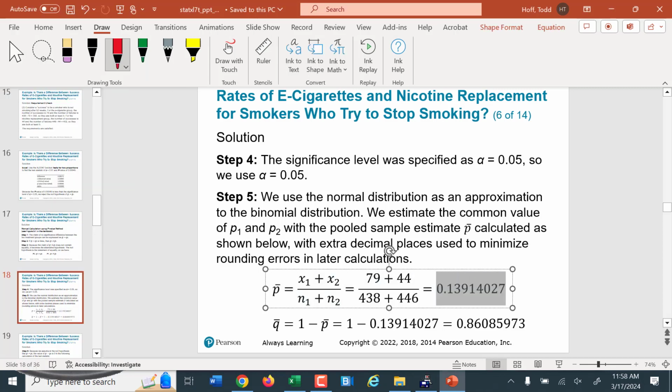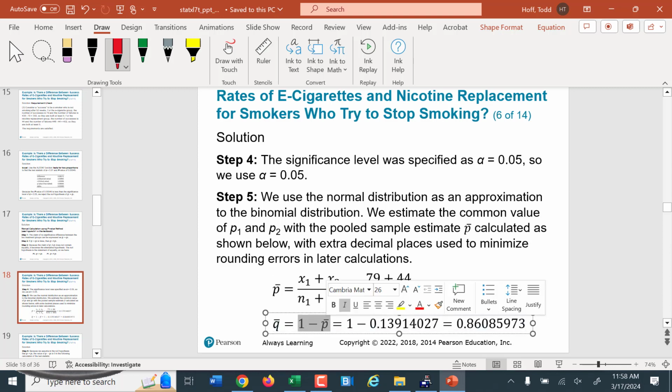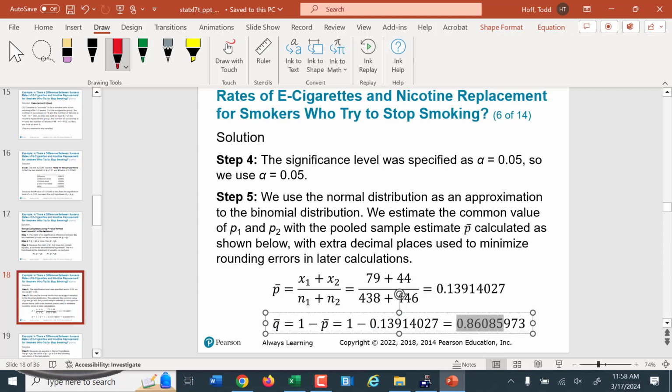Now, the slides here use that out to the full, 9 decimal places there. We don't have to go to 8 or 9 decimal places like that in our calculations. It should be just fine. Q then is just 1 minus P, and we get the 0.8609 there for Q.